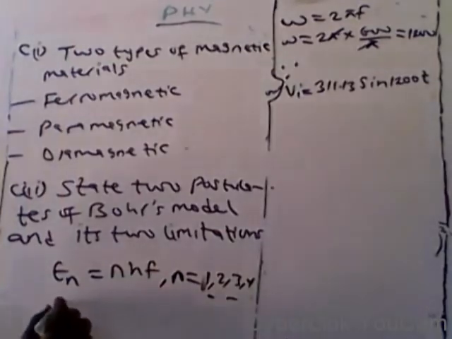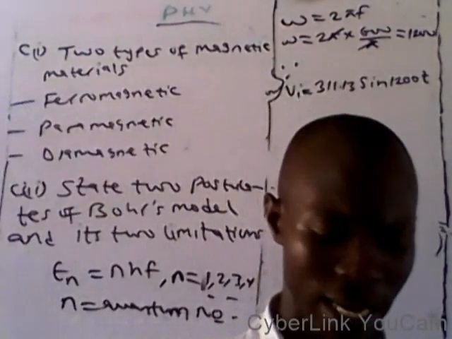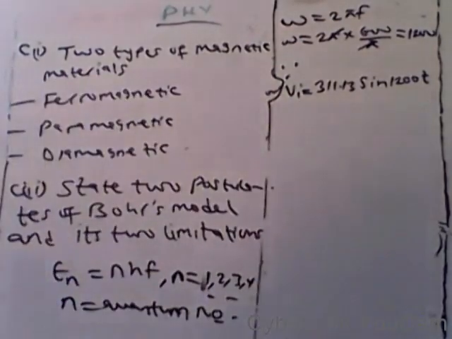And this n is called the quantum number. So n stands for quantum number, and it takes values from 1, 2, 3, and then the rest.